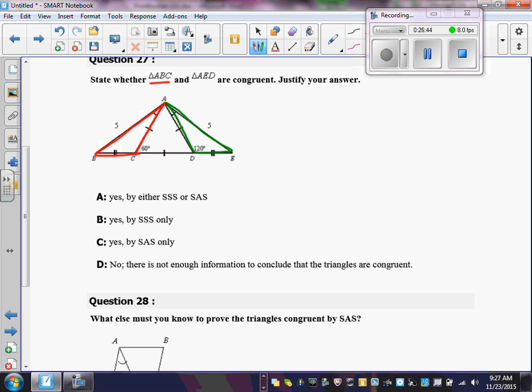So in this one, if this is 60, I know this is 120, right? So I could use side, angle, side, because I have side, angle, side. And I also know that this side is congruent to this, and this is congruent to this. Knowing that both of them are fine, I also know that this side is congruent to this side. So the answer would be A, yes, by side, side, side, or side, angle, side.